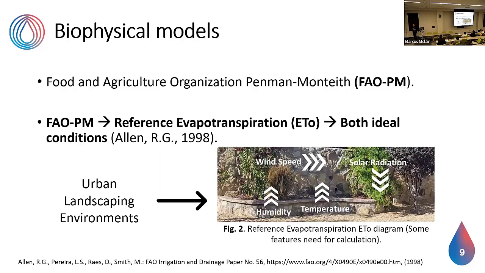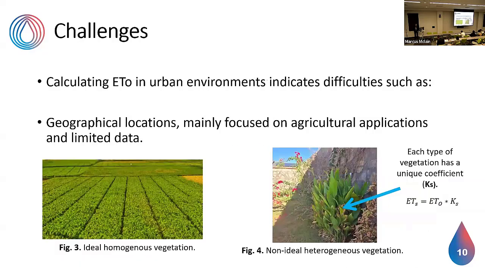For this, we have a lot of biophysical models. The most popular one is the Food and Agriculture Organization Penman-Monteith, FAO-PM. This FAO-PM is used for reference evapotranspiration, ETo. The problem with this biophysical model is that it only works for ideal conditions, for homogeneous vegetation, such as crops.